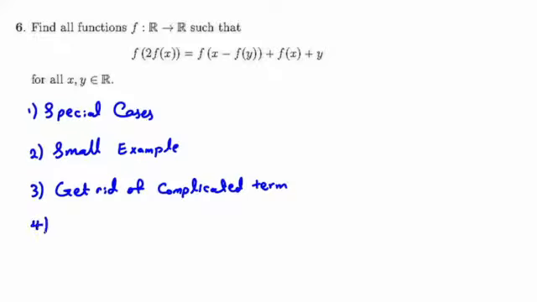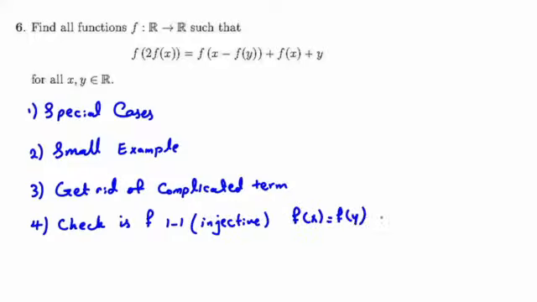Fourth rule, check is f 1-to-1, or injective, or surjective. Surjective is also useful. One-to-one or injective means that you should check if f of x equals f of y. If we can conclude x equals y, then the function is 1-to-1. And we have other things.